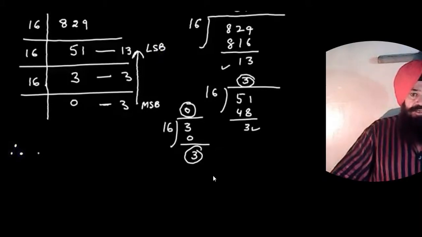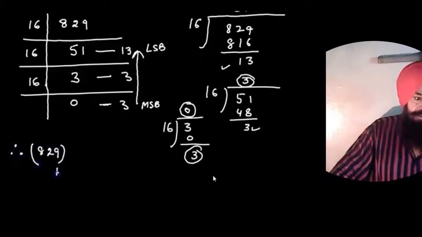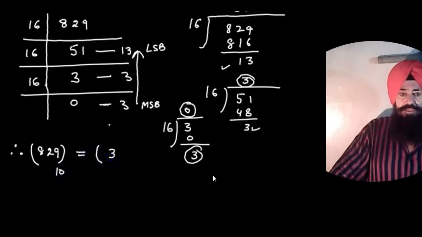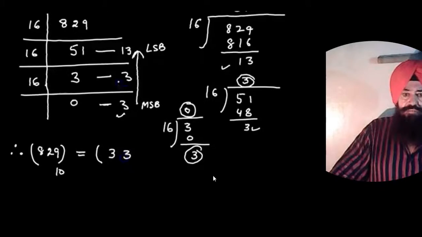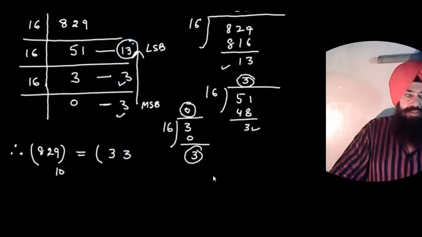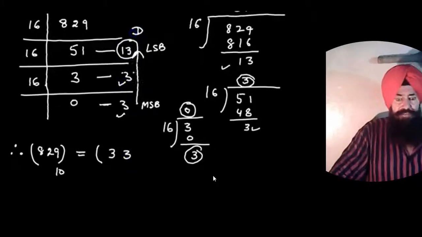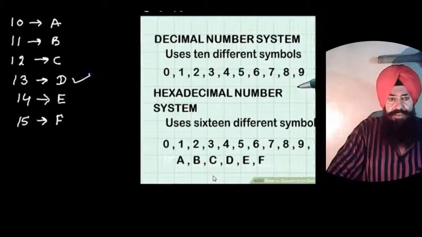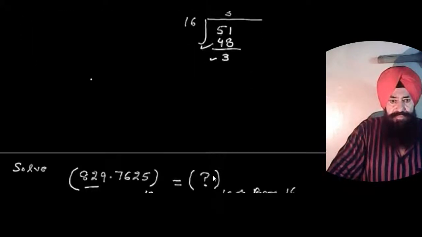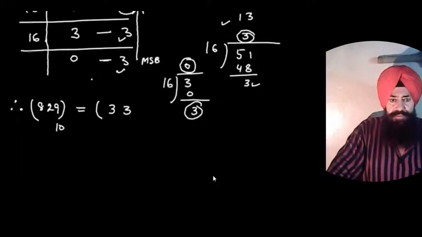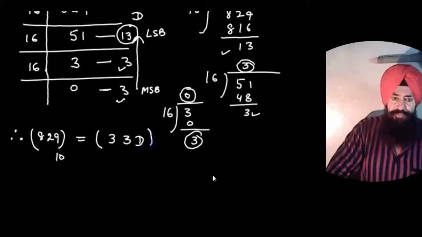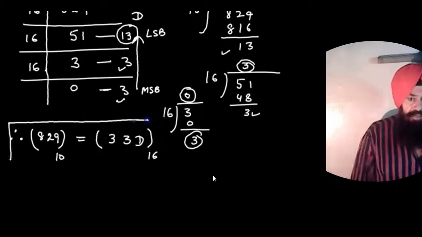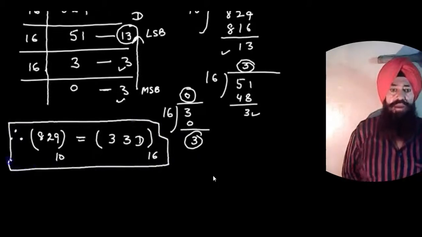But remember, 13 in the hexa system is D. So it becomes 3, this one 3, then this one 3, then last 13. Look here, this 13 is D. So the answer becomes 33D in the hexa system. Very simple. Go on dividing by 16.